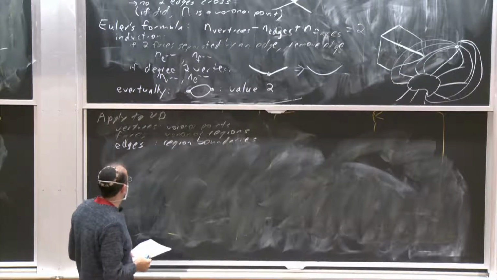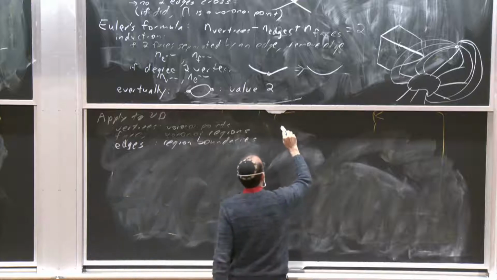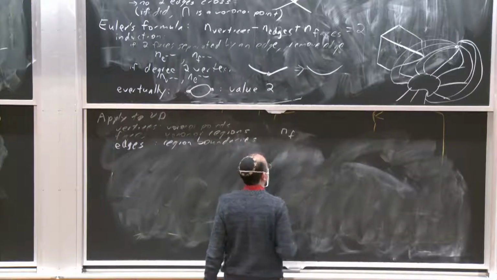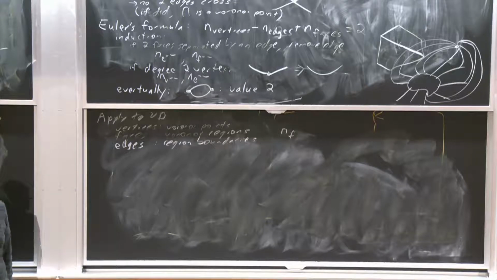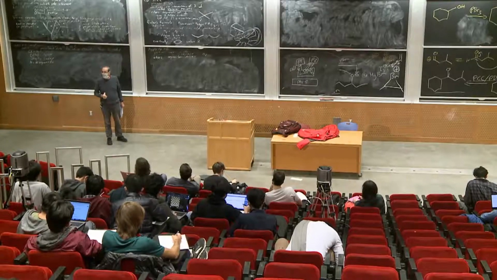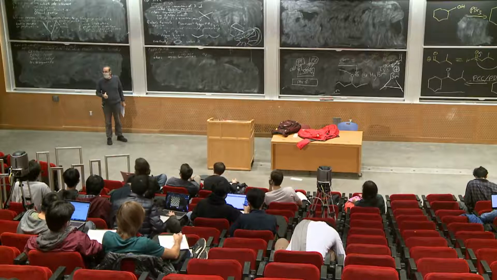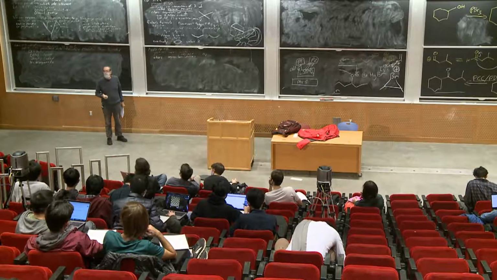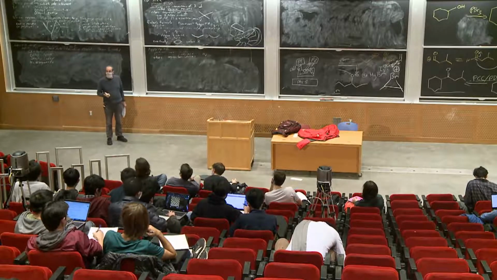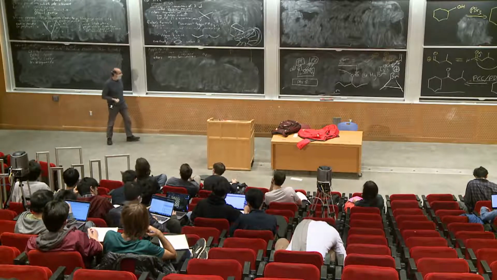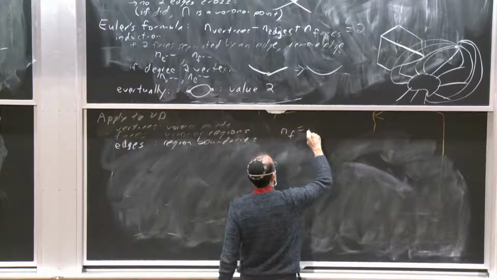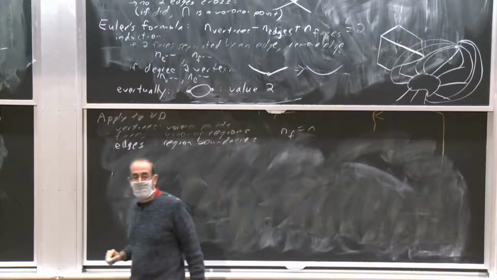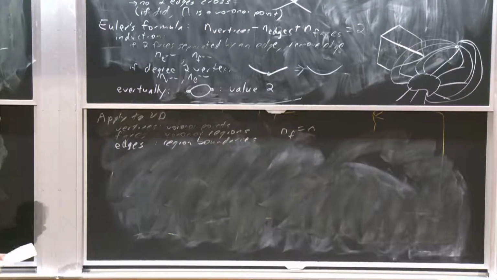So what is the number of faces? Each face is a Voronoi region. There's one for each site, so n. Okay, that's great.